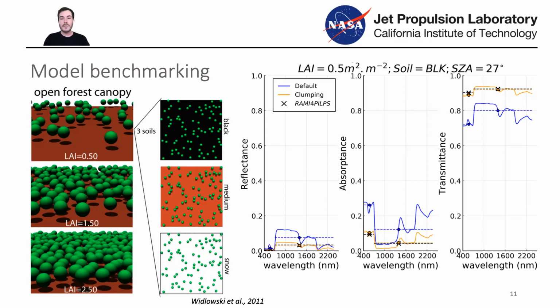And when we add clumping, we move this curve to the yellow curve that shows a much better agreement with the reference values, or the 3D model values that are calculated from this ray tracer model, represented by the black crosses and the black dashed lines.